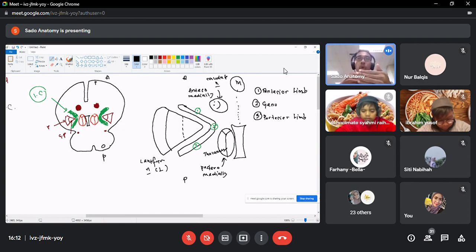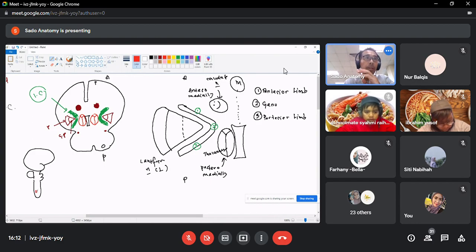Whatever pathway or tracts within your cerebral hemisphere, if you want to connect any part between the superior part and the inferior part of your brain, you don't have any pathway other than your internal capsule. Most of the fibers, for example, class, listen carefully, very important. You need to remember this concept. This is your brain, class, this is your brain stem.